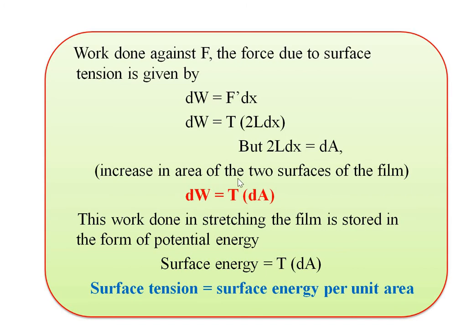So we get the new formula: surface energy equals T times dA. Taking surface tension outside, surface tension is equal to surface energy per unit area. This is a very important relation between surface tension and surface energy. That means surface tension equals surface energy per unit area. In the board exam, there will be a 2 marks question on this article.